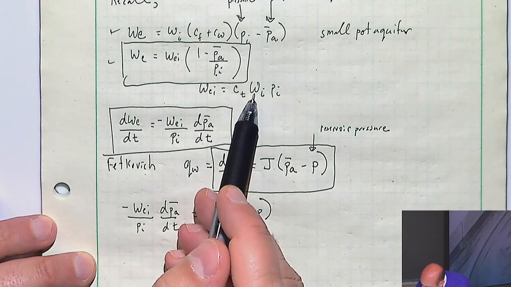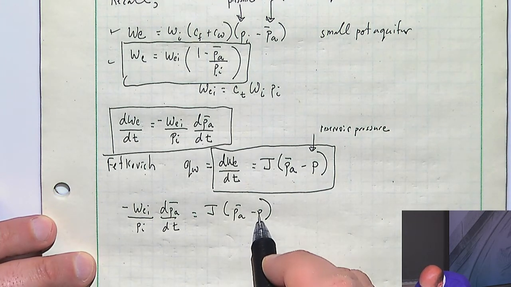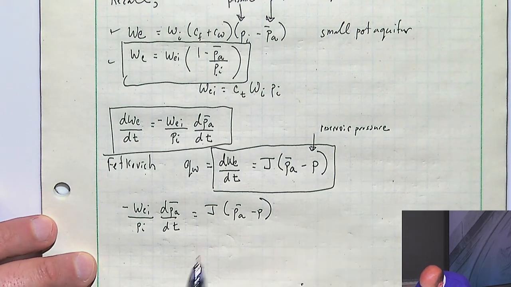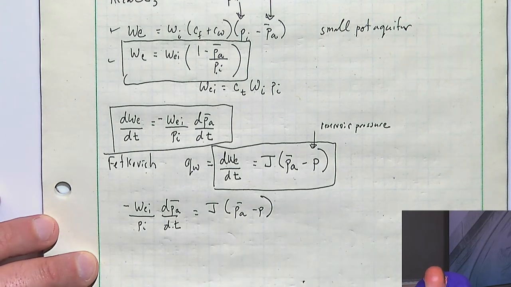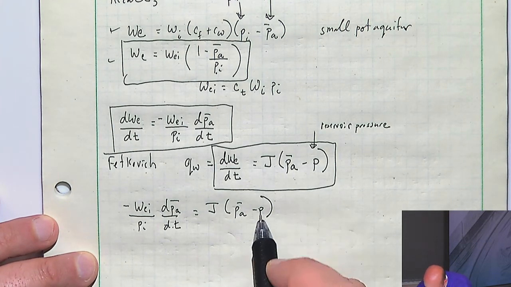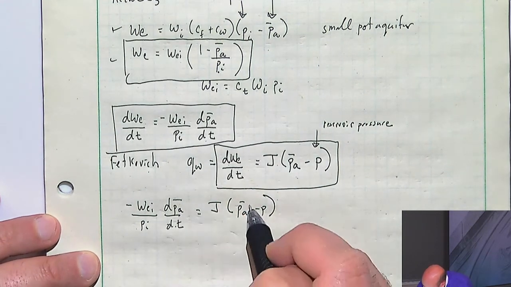It's CT times WEI times initial pressure. PI is a constant. J is a constant. P might change with time, but we'll leave that right there for now. But we got this dPA dt and PA bar, so we'll ignore any change with the pressure. But what you have is dPA dt is equal to this.